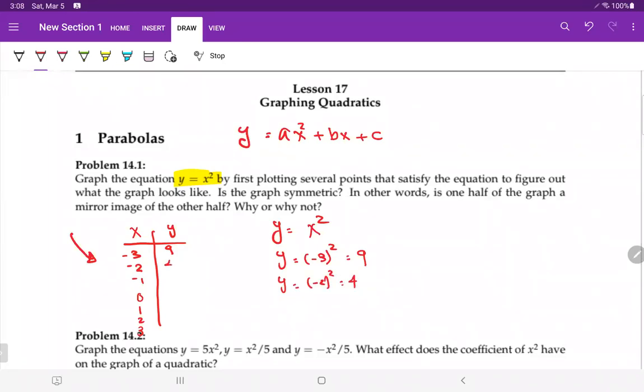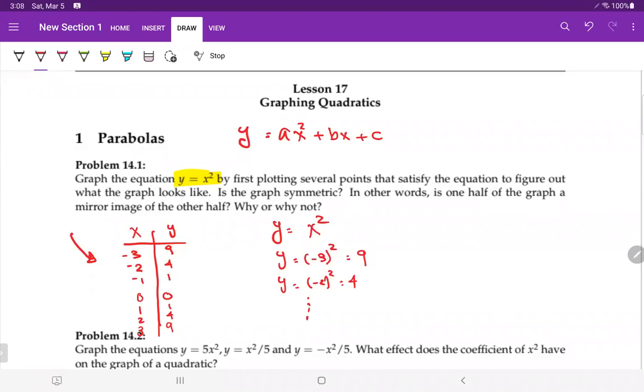It's 4. If x is -1, what is y? 1, 0, 1, 4, 9. You just follow from here, right? So these are some points on this function.